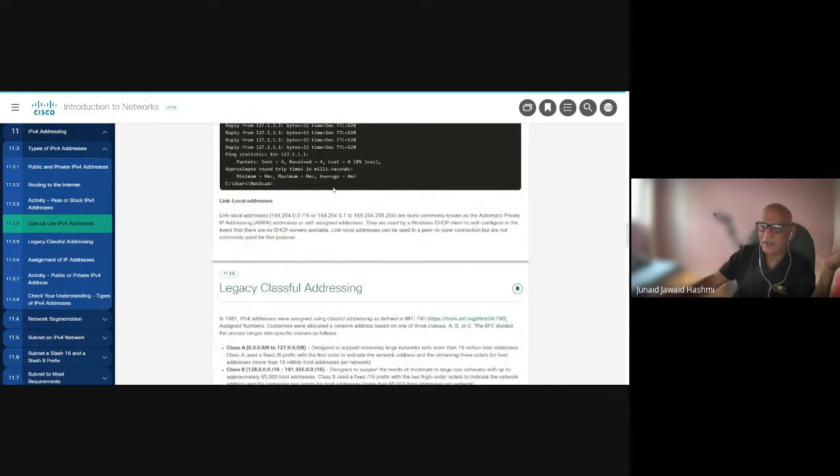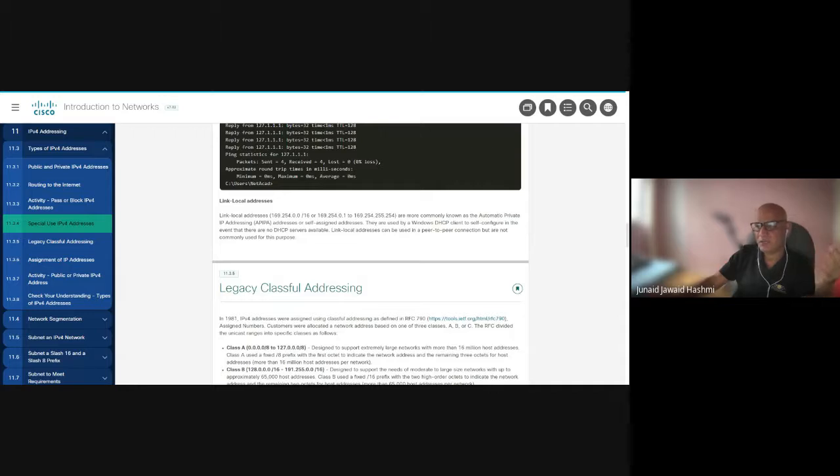And then you have the link local address, the automatic private IP addressing. If your computer is not connected to any network, or if the DHCP server is not available, that address is automatically assigned.